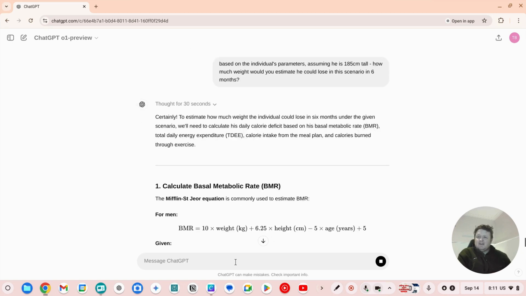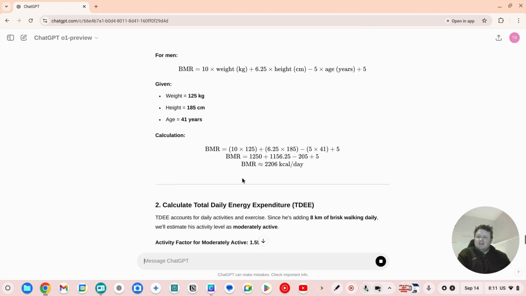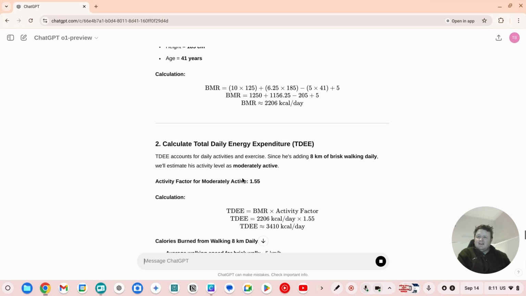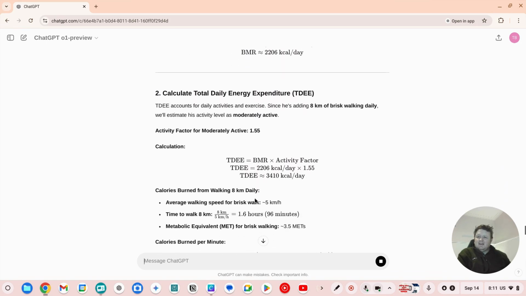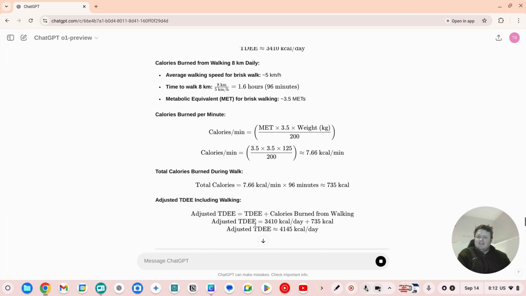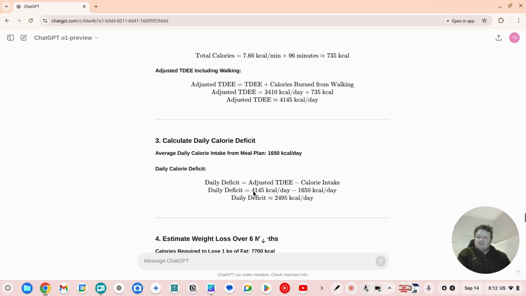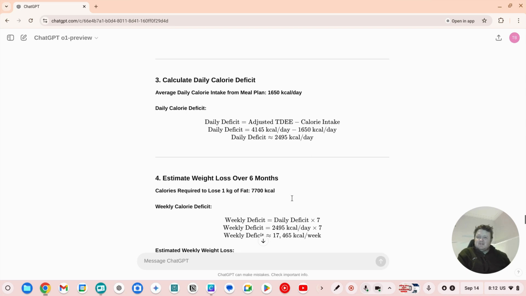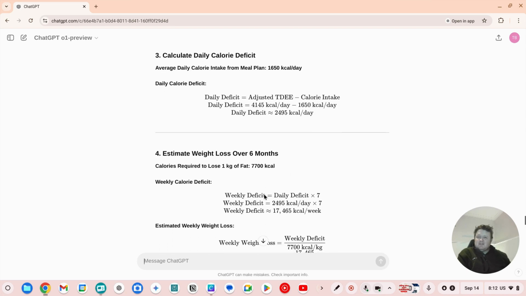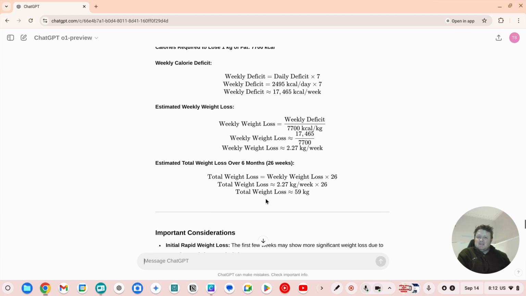Here we go. It's telling me how much I'm going to burn doing that, the calorie deficit, estimating the weight loss over 6 months. Total weight loss if I did this, 59 kilos.